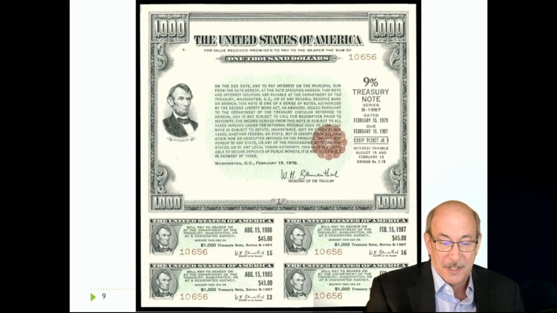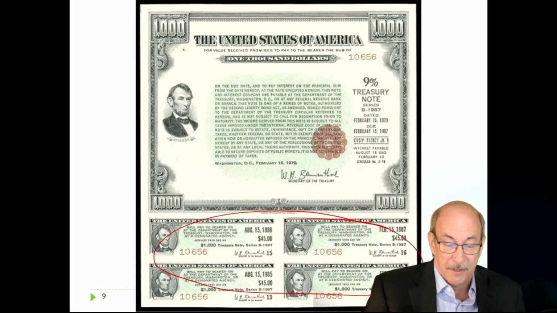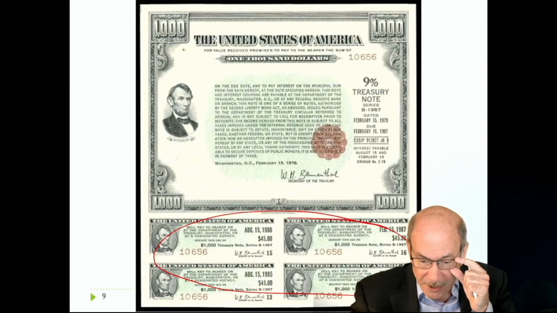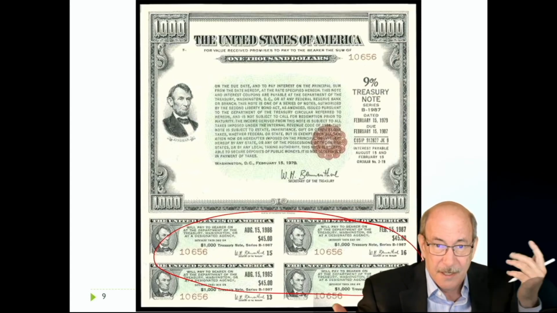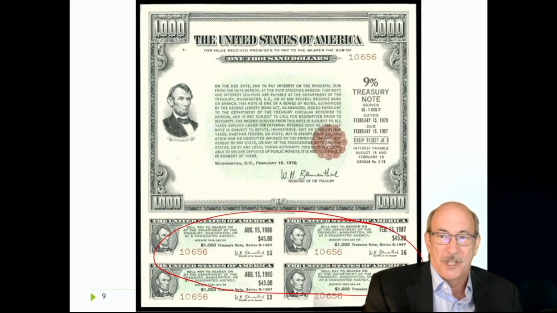And notice that down at the bottom here, we have a bunch of what look like coupons, which they actually are coupons. So what you would do is actually clip off the one that was currently due. So for February 15th, 1987, we would clip that off. We would send it into the company. They would send us back a check for $45.